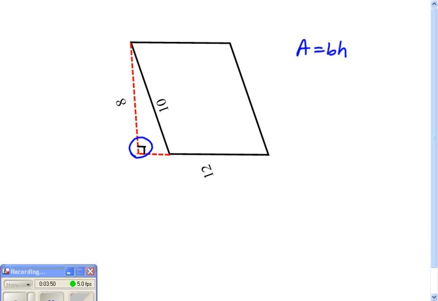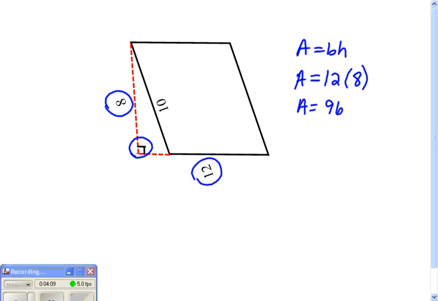Again, there's that perpendicular that I saw earlier. And the numbers are on their sides now, so you might have to tilt your head again. And the base is going to be 12, and the height is 8, giving me an area of 96 units squared.